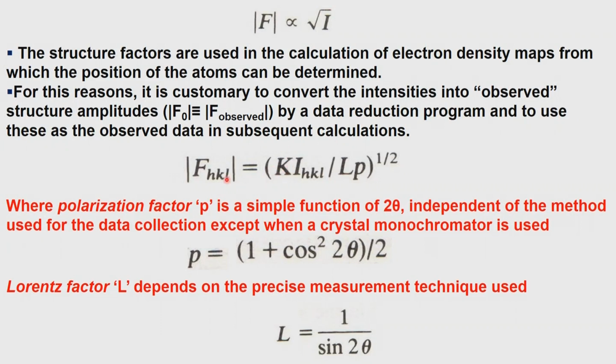The amount of information which we have is enormous. We have a very large number of data points, and those data points have now been treated through this data reduction protocol. So, we now have a collection of f of HKL, which is now devoid of all systematic errors as far as possible.